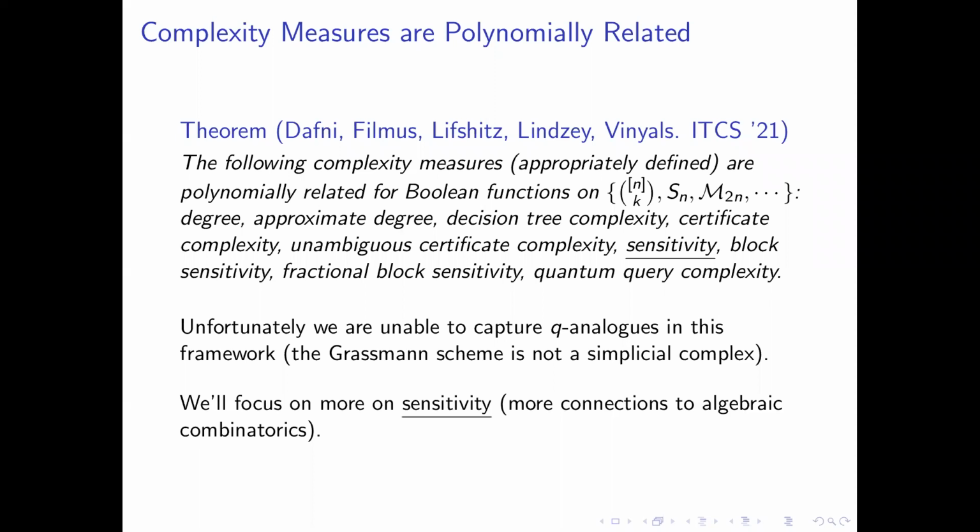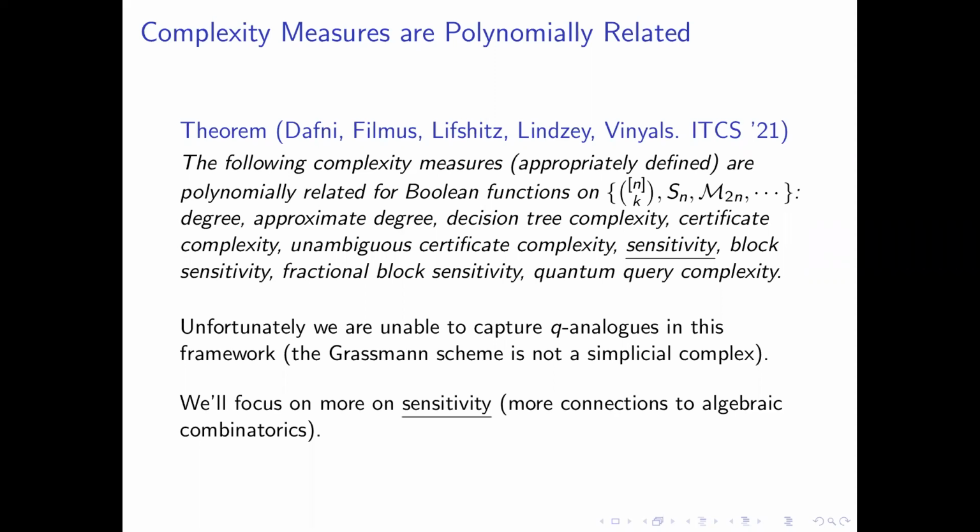But what we're able to do is take all these complexity measures, like degree, decision tree complexity, and sensitivity, and come up with analogs of these for the set of k-sets, the symmetric group, perfect matchings, and some other natural domains.